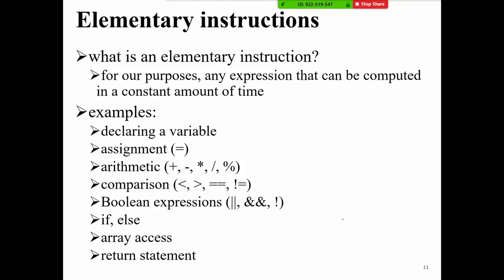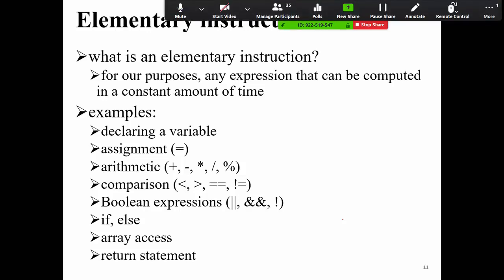So if you have a line of code that contains an assignment, this is one elementary instruction. If you have a comparison, greater than, less than, equal, not equal, all of these are considered one elementary instruction. Boolean expressions, and, or, negations, all of these are considered one elementary instruction. An if-else statement is considered one elementary instruction.